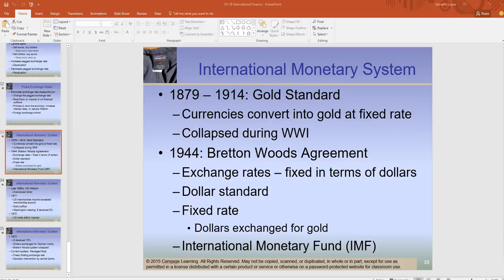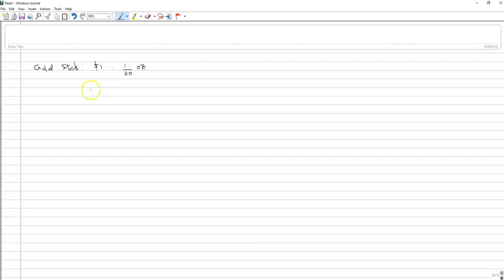Now let's look at what this means. Remember, under the gold standard, $1 exchanged for 1/20 ounces. If you multiply that rate by 20, you get $20 equals 1 ounce. So the rate is the same as $20 per ounce.